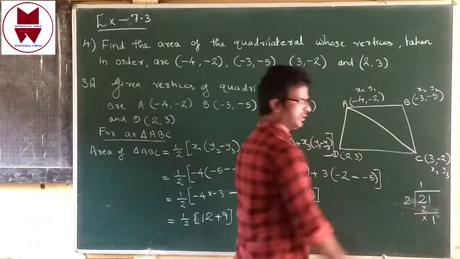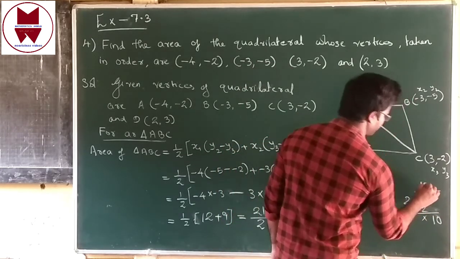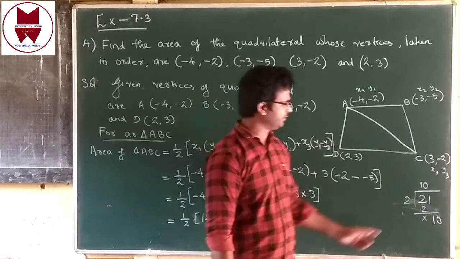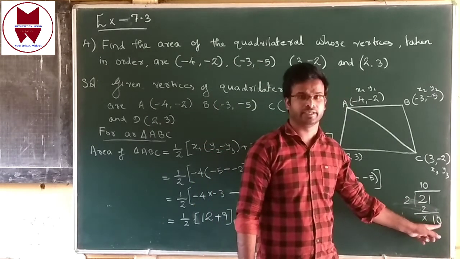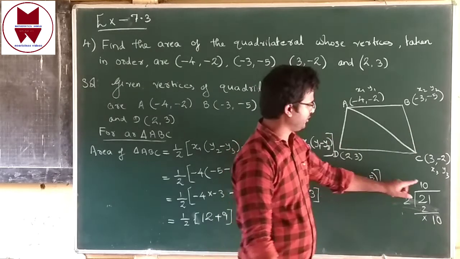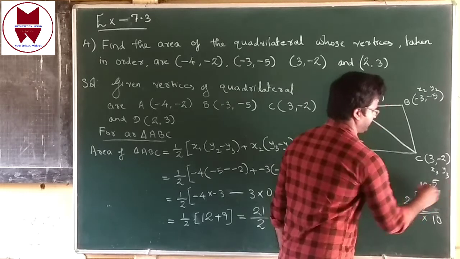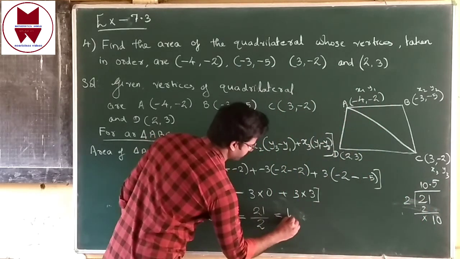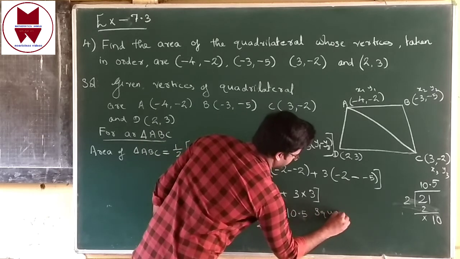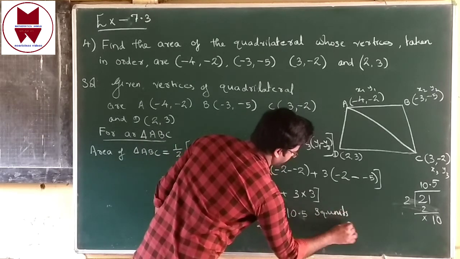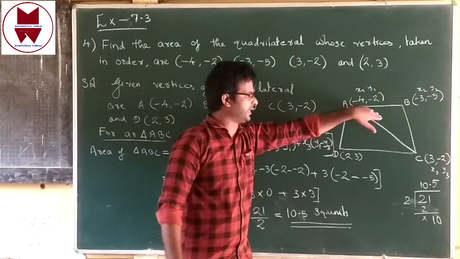Then 1 divided by 2 we cannot do, isn't it? Add 1 zero. That time you have to add a decimal point in the answer. Because first I brought 1 downside, then only I add 0, the 2 processes together, that's why you put 0 and point. In 10, 5 times, so 10.5 square units.